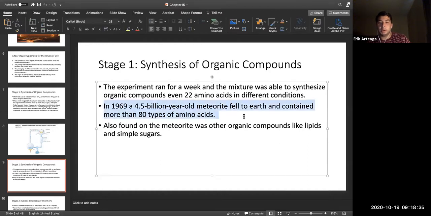We also talked about meteorites that fell to Earth 4.5 billion years ago. Okay, and it had 80 types of different amino acids, right? And that can be an indicator that some of these organic molecules came from space rather than being produced on Earth.